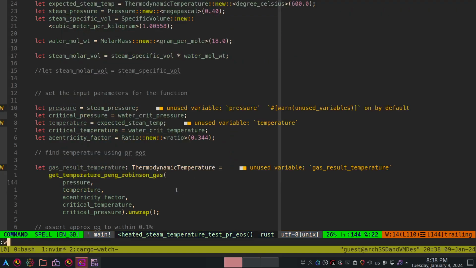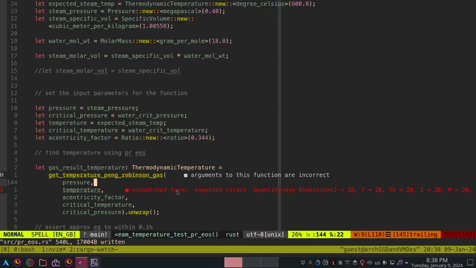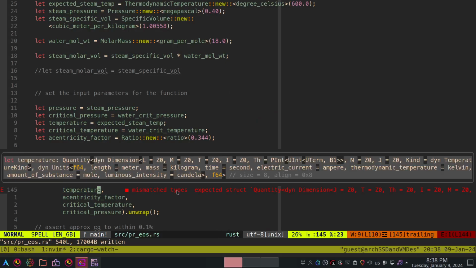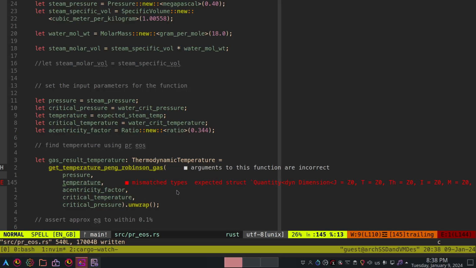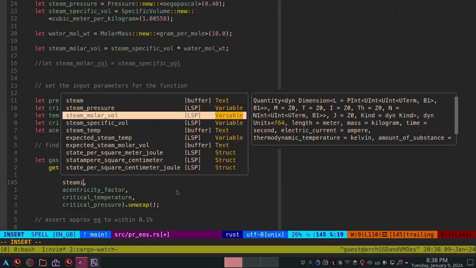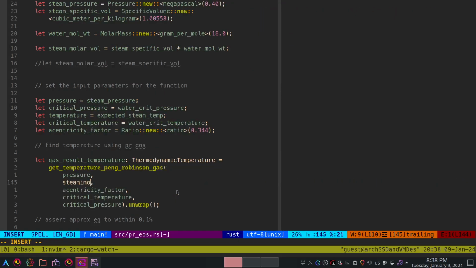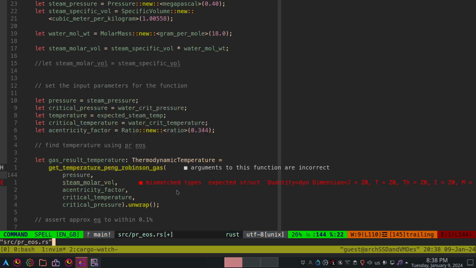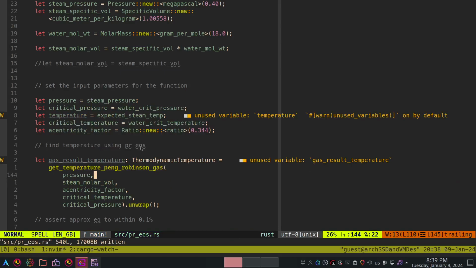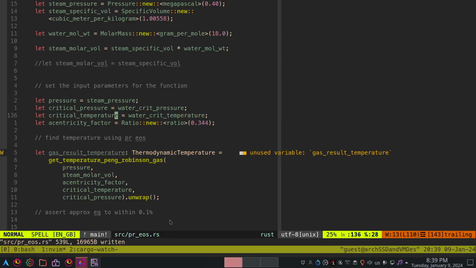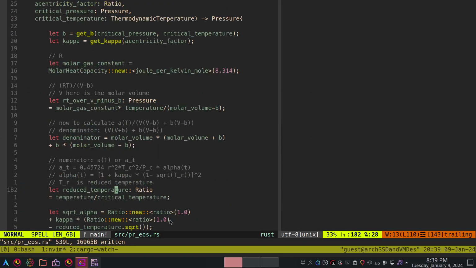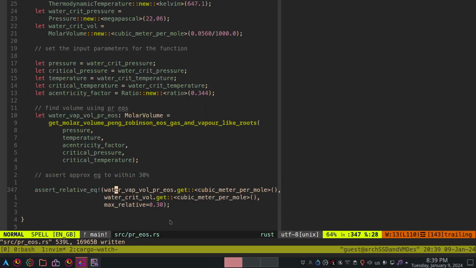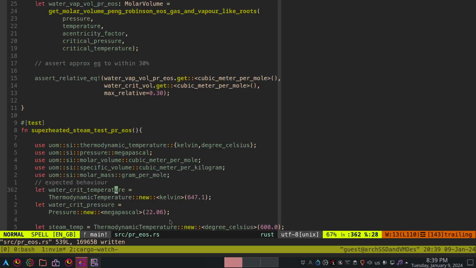Temperature, okay, so this is the result temperature. I should be putting volume, the steam molar volume. Yes, so that's the correct thing. Expected steam temperature, I can just take this out.